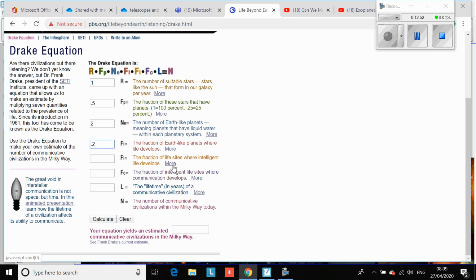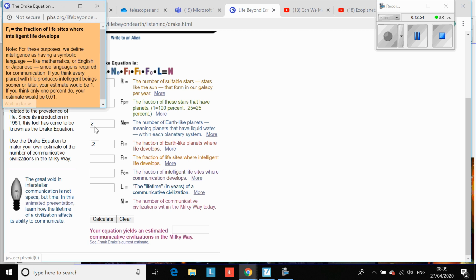Fraction of life sites where intelligent life develops. Now, for the purposes, we define intelligence as having symbolic language like maths or English or Japanese, since language is required for communication. If you think planets with life always produce intelligence sooner or later, your estimate would be 100%. If you think only 1%, it'd be 0.01.